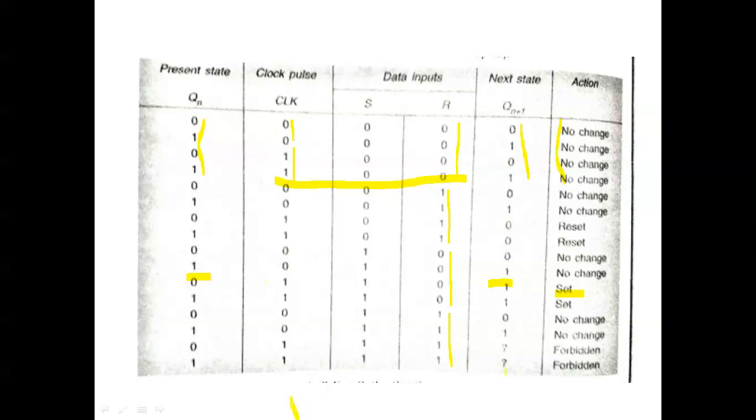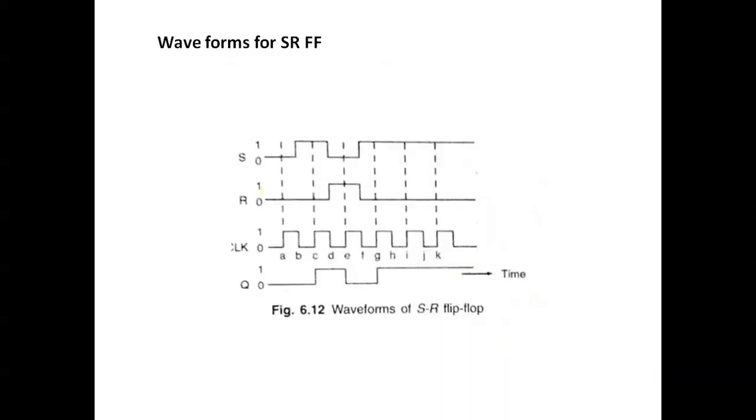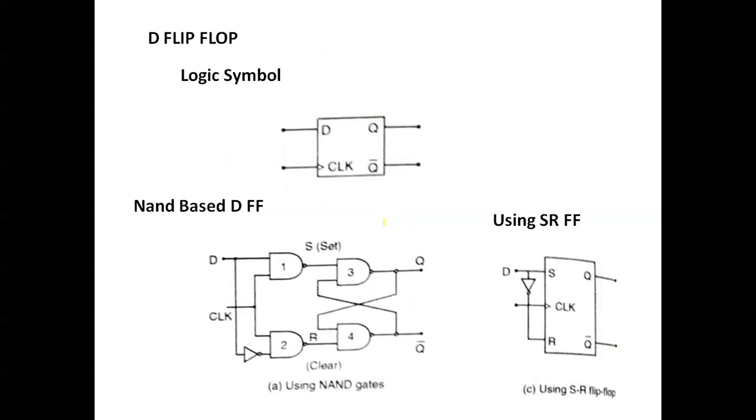So finally, that forbidden state is also there in the output because everything is one. So it's a forbidden state. The waveform for SR latch: the input of SR latch and clock and then Q, that's the output. So from the truth table, we can draw this waveform.